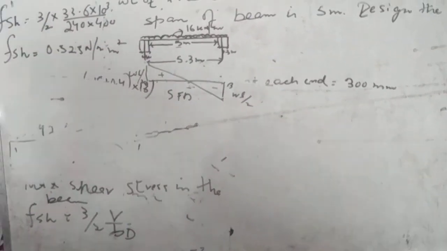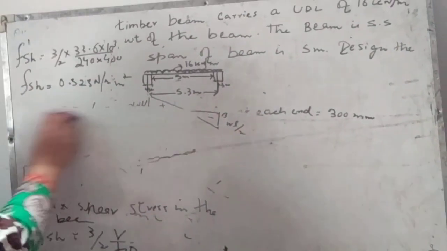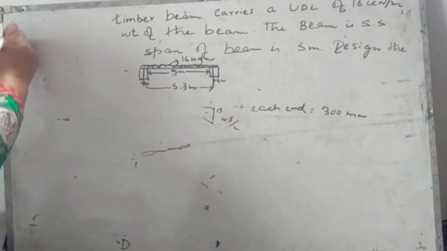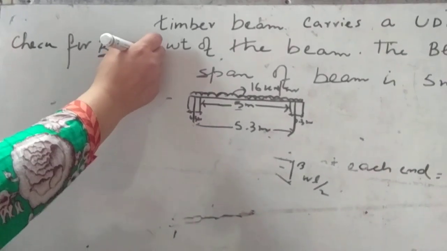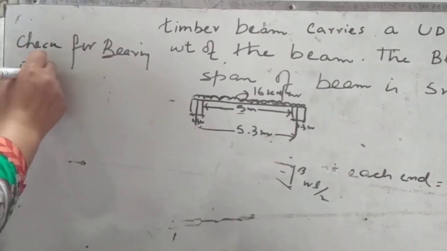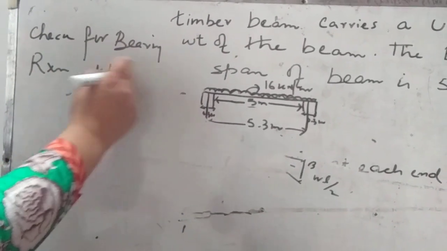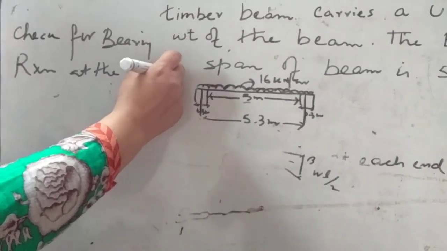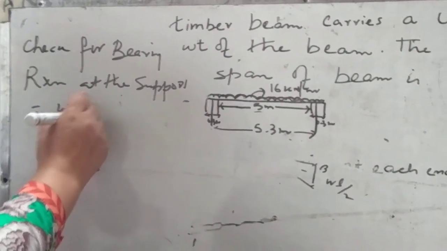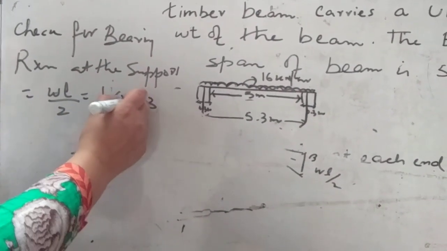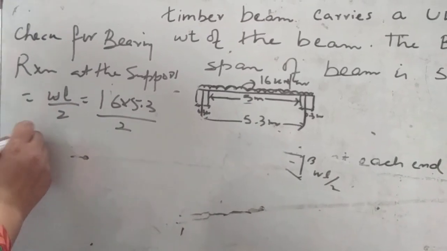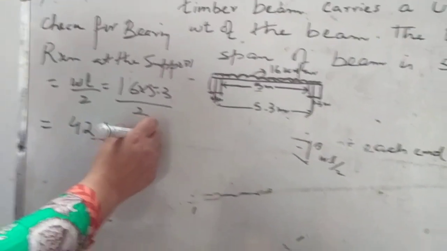Now the last step is check for bearing. So the reaction at the support will be WL by 2, that will be 16 into 5.3, the effective span, by 2, that is equal to 42.4 kilonewton.